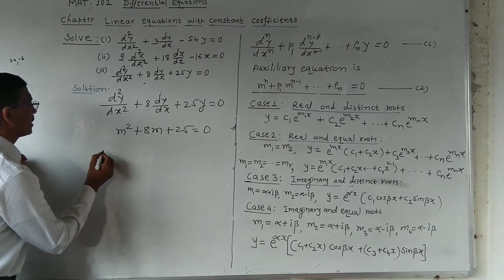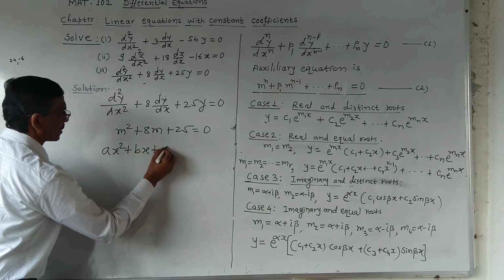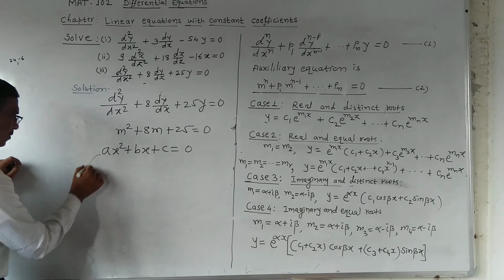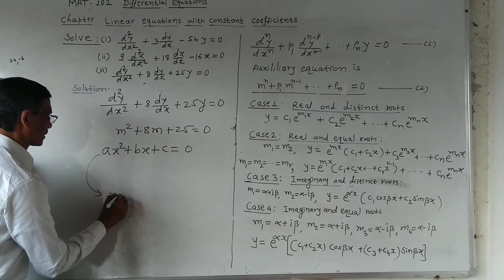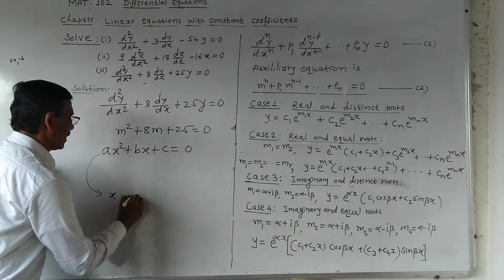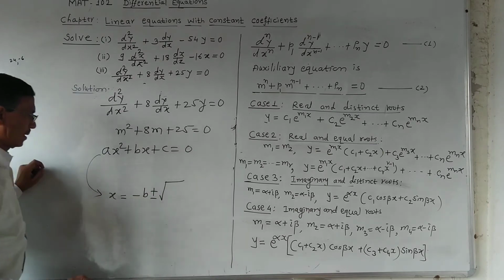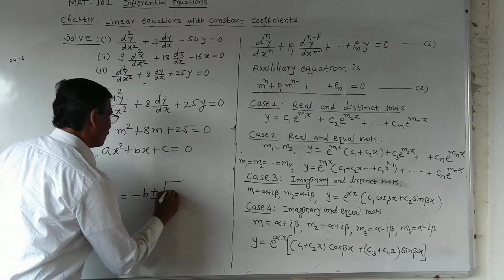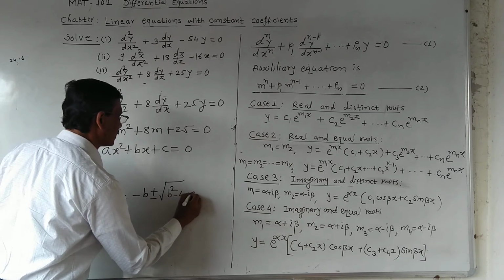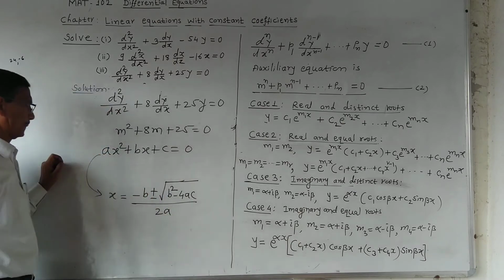If the quadratic equation is in general ax square plus bx plus c equals to 0, then the formula for this quadratic equation, x means solution, is equals to minus b plus or minus square root of b square minus 4ac upon 2 times a.